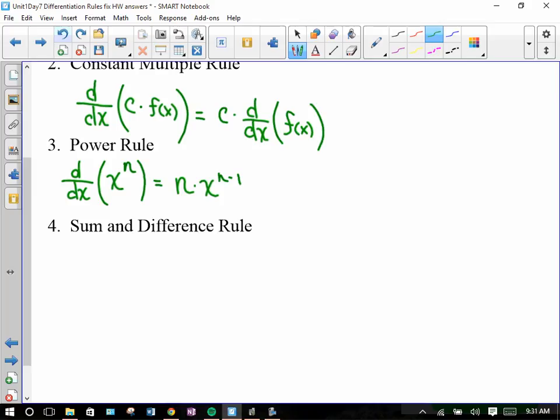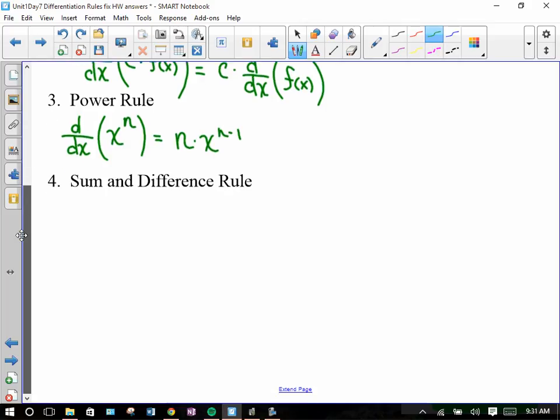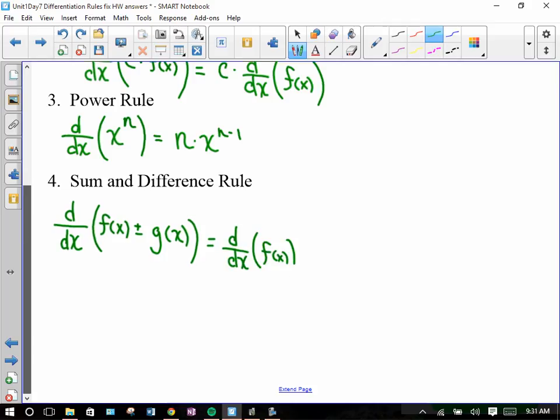Now, the last one that we have is the sum or difference rule. This says if you're taking the derivative of something that looks like f of x plus or minus g of x, this is equal to the derivative with respect to x of f of x plus or minus the derivative with respect to x of g of x.